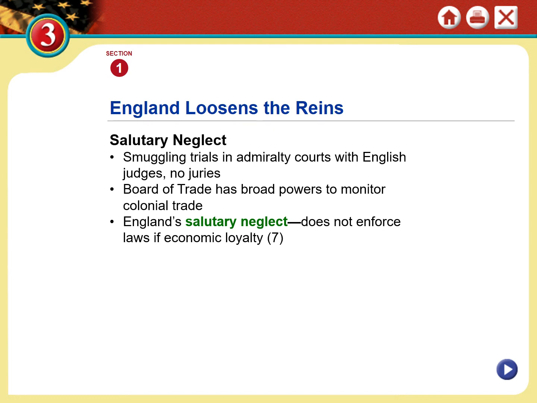One benefit of the Glorious Revolution for the colonies, since that's where we're focusing, is this policy of salutary neglect. England was essentially loosening the reins on these colonies.